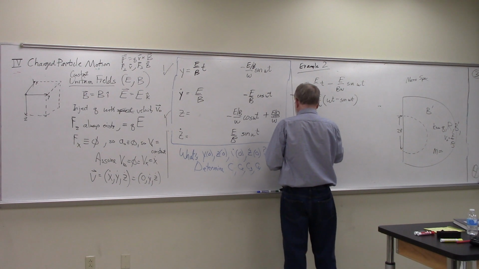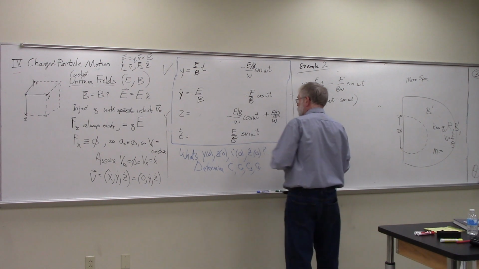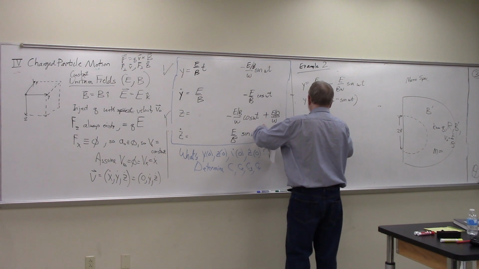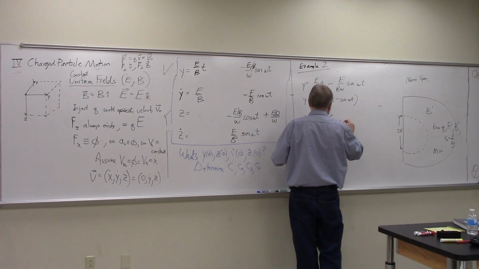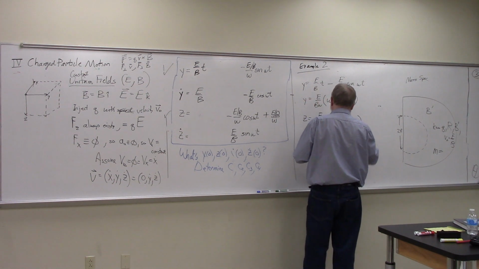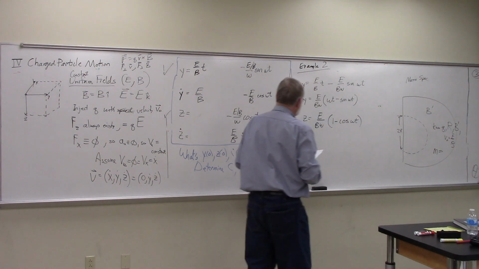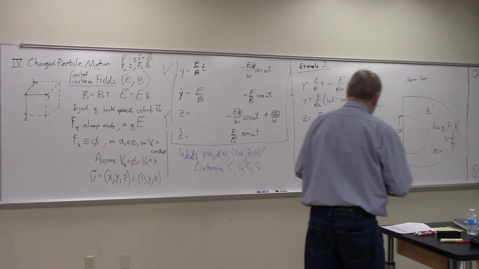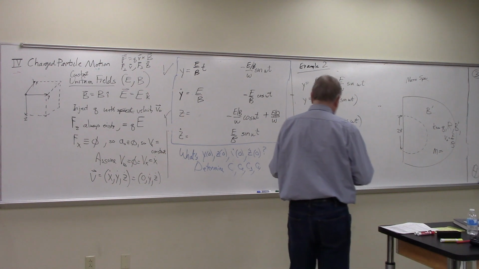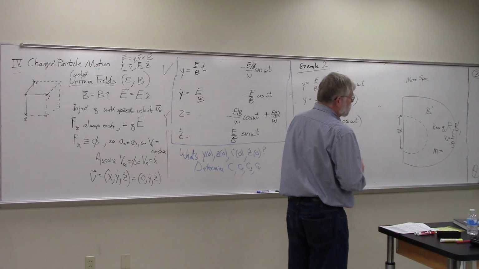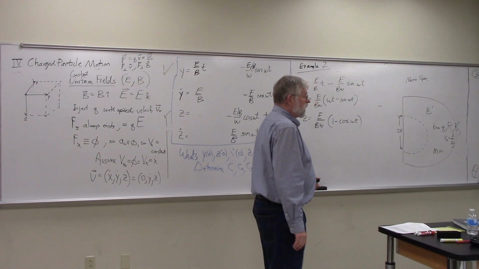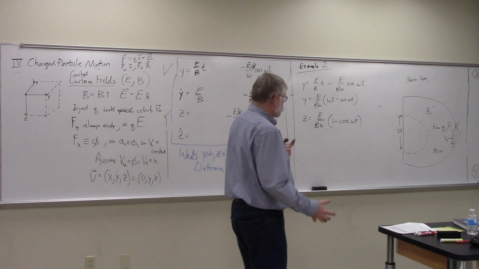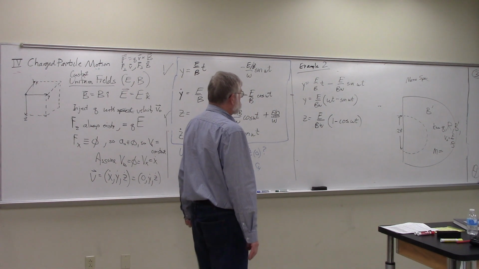And z is equal to, factor out an e over b omega again, 1 minus cosine omega t. And I won't write down z dot. Well, you see kind of the same idea. There's still some oscillatory motion in each case. Oscillations because B fields make things go in circles. And if you combine circles with other motion, you get things like helixes, so forth.